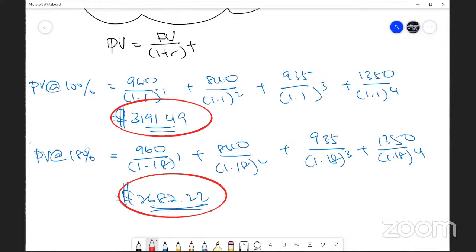For those of you who know how to use your calculator, you need to key in the cash flow into your financial calculator, just like how you do for your NPV. If you cannot remember how to use the financial calculator, when the solution is uploaded on Moodle, you can have a look. They give you the step-by-step guide. Even after the guide, if you still face difficulty, then ask me or see me for consultation.